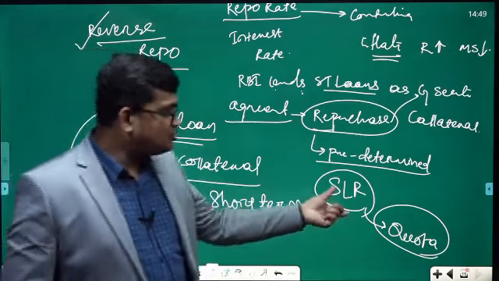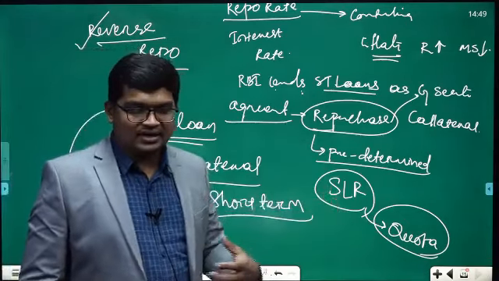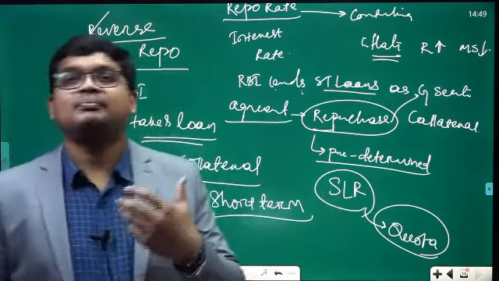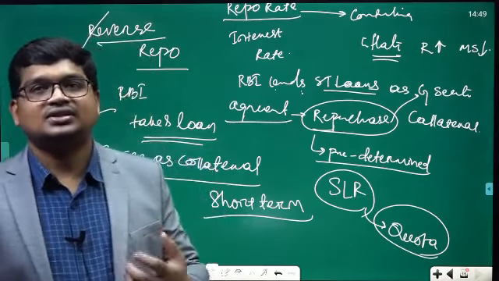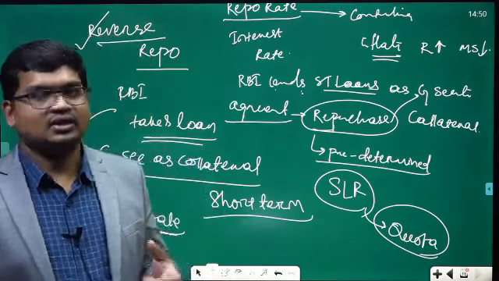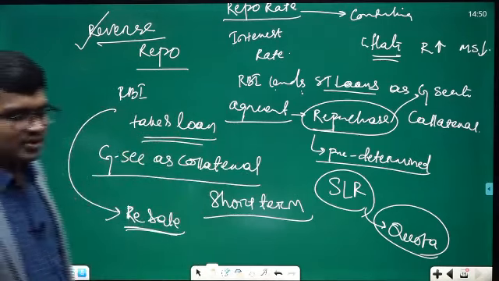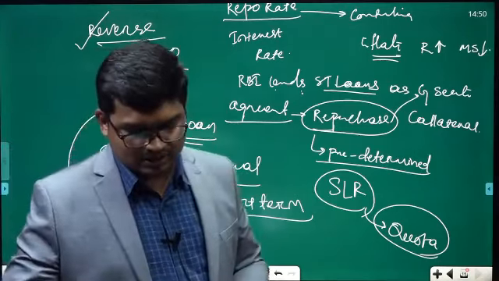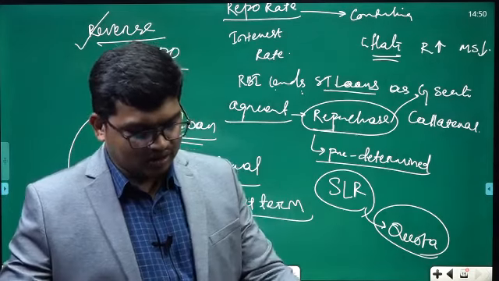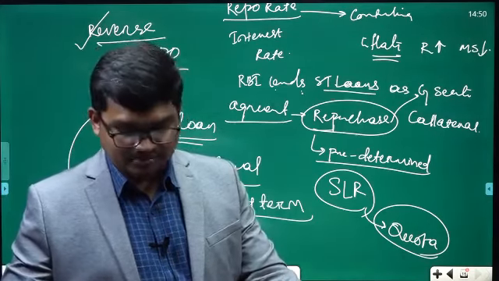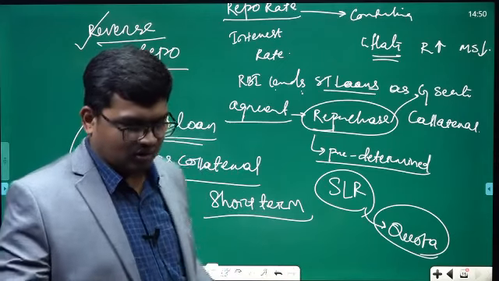Since banks use their SLR quota, definitely they have to pay a penal rate for this. Clear? So that is how repo and reverse repo operate in the economy.